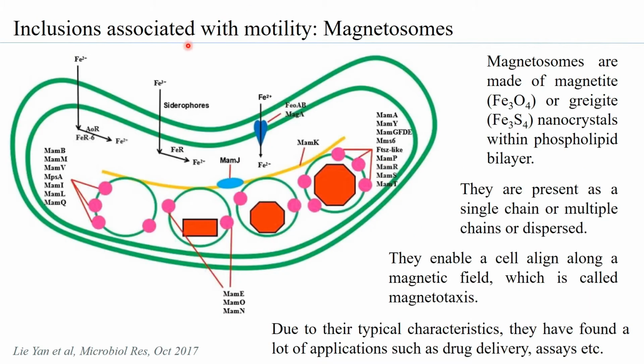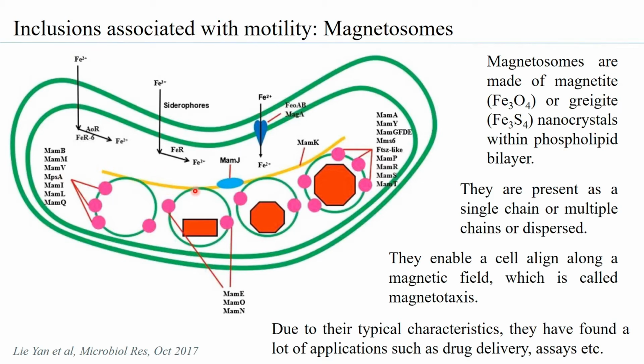Then we come to another inclusion body that is associated with motility, and that is magnetosomes. Magnetosomes are found in magnetotactic bacteria or non-magnetotactic bacteria. Primarily, magnetosomes are again small granules or small bodies that are made up of magnetite, or they are made up of greigite nanocrystals, and they are present within a membrane.